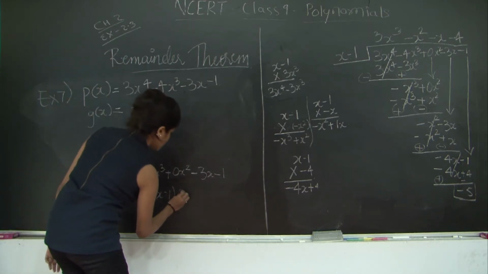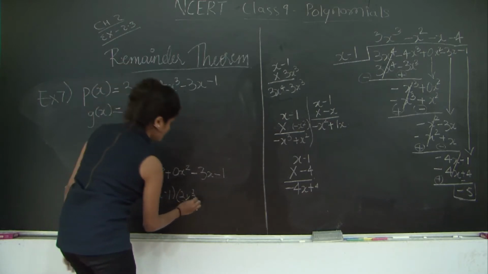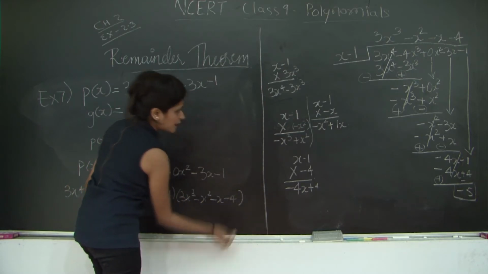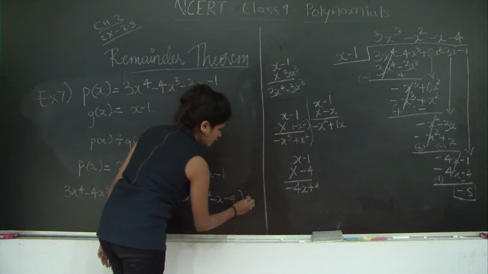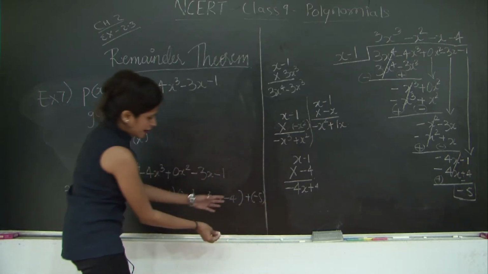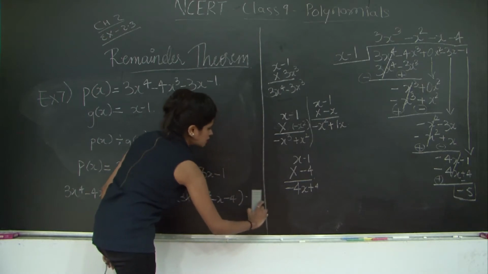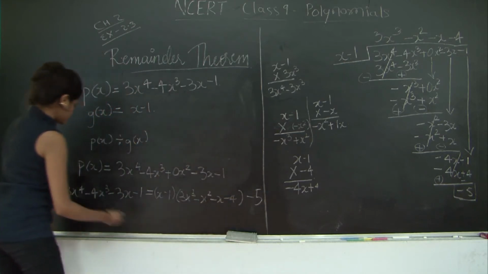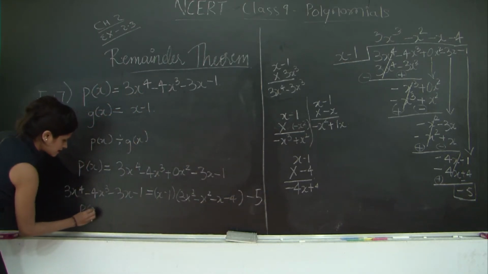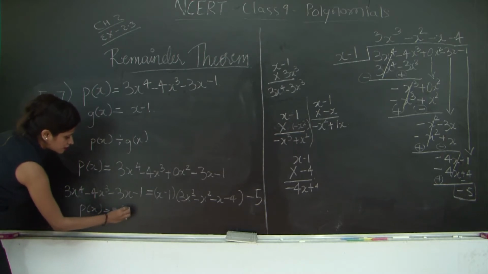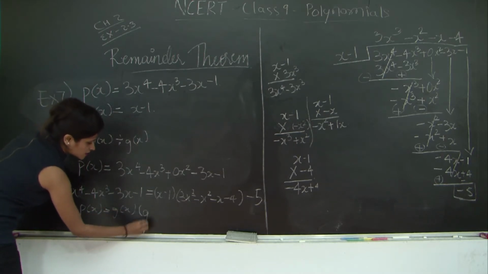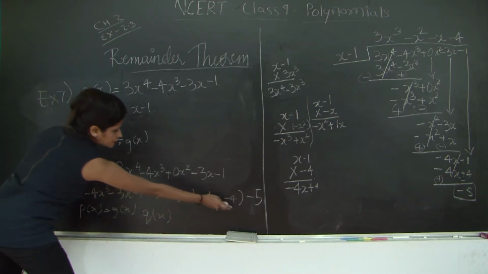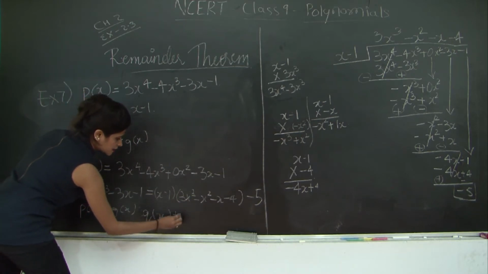My quotient is 3x^3 minus x^2 minus x minus 4 plus my remainder is minus 5. So you can write this either as plus minus 5 or you can directly write it as minus 5. Either would do. So this is nothing but Px is equal to Gx into Qx, where Qx is nothing but the quotient, which is this, plus Rx.